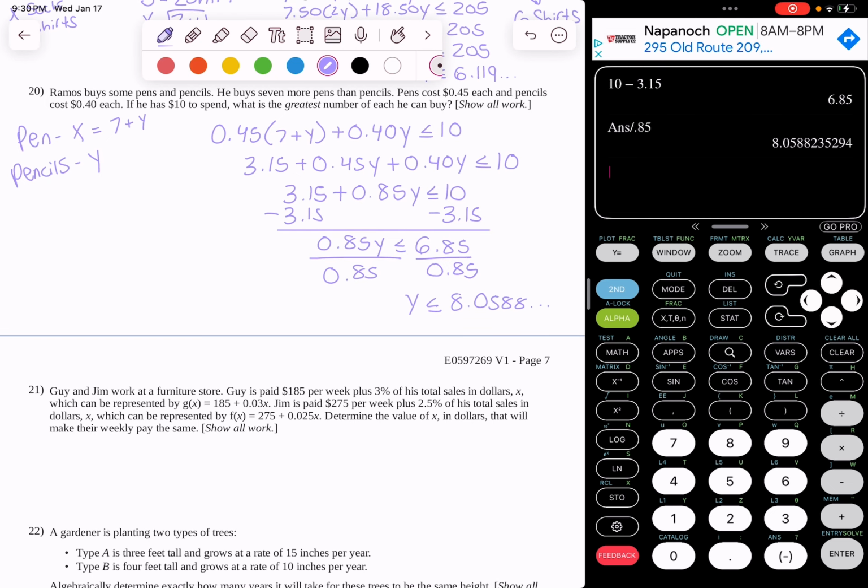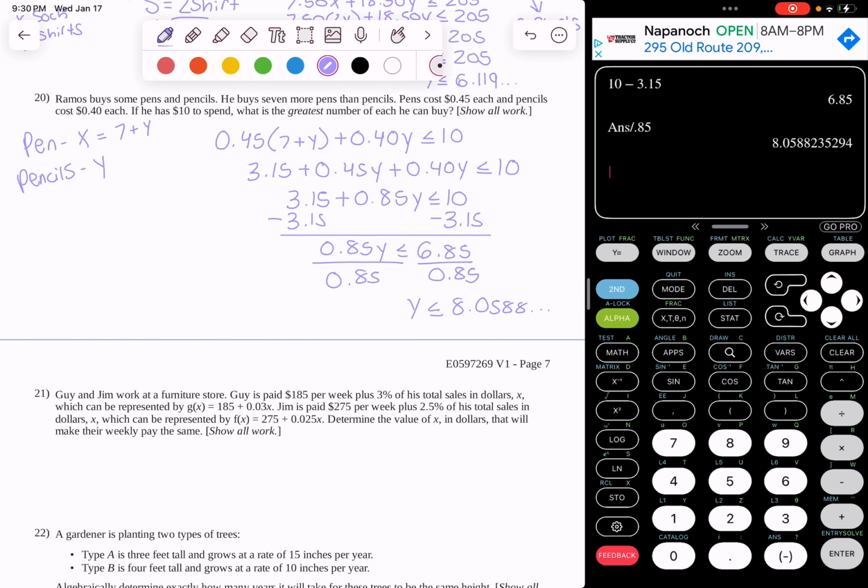The maximum number of pencils he can buy is 8. 8 pencils. And we know that his pens are 7 more than the pencils, so 7 plus 8 would be 15 pens. Good.